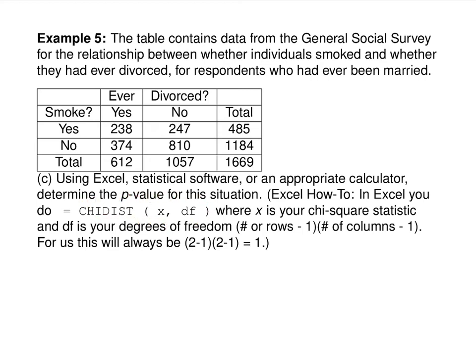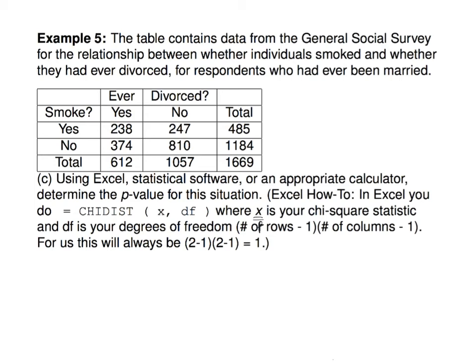What goes in for x is the chi-square statistic, and df is the degrees of freedom, found using number of rows minus 1 times number of columns minus 1. For us, this is always going to be 1 because we have 2 rows and 2 columns.